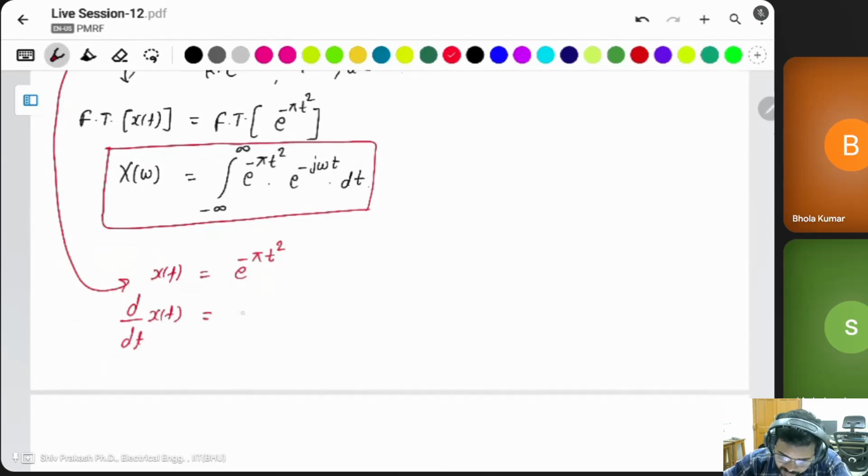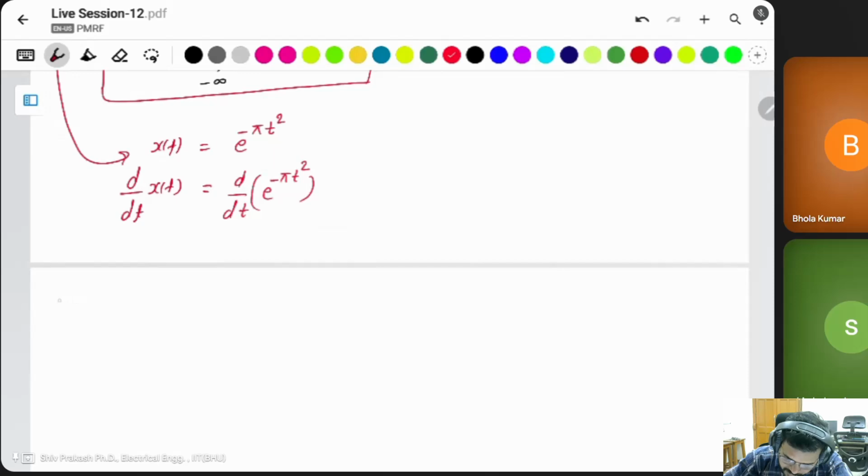On the right side, the derivative of e to the power of t is e to the power of t only, so we keep e to the power of minus pi t square and differentiate the exponent, minus pi t square, which gives minus 2 pi t.